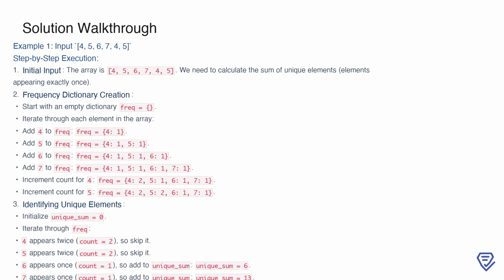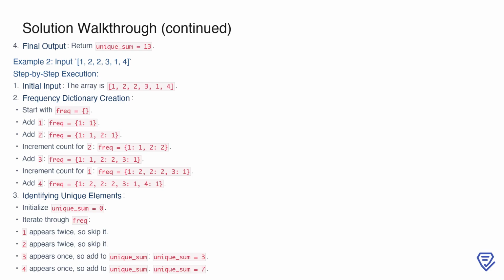We initialize unique_sum as 0, then iterate through the dictionary. 4 and 5 are skipped since they appear more than once. 6, which appears once, is added to unique_sum, making it 6. Adding 7, which also appears once, updates unique_sum to 13. With the final sum of unique elements calculated as 13, we return this as the output for the first example.